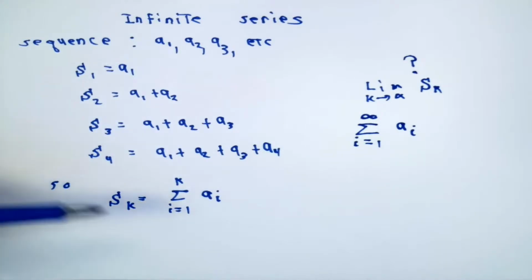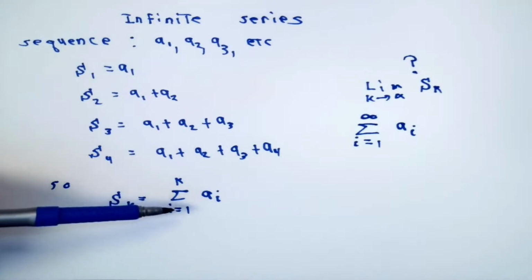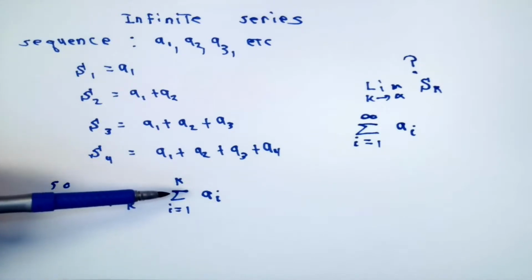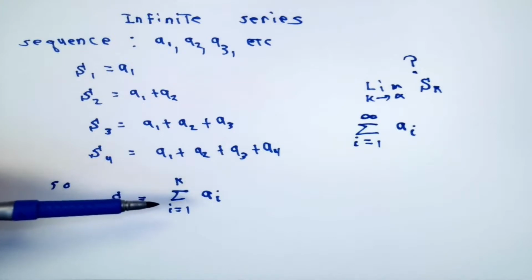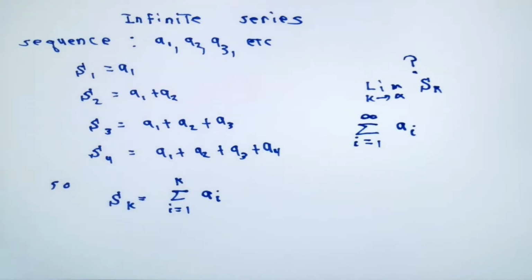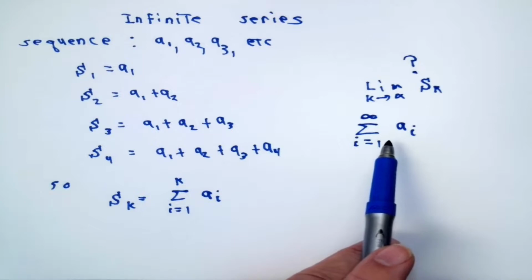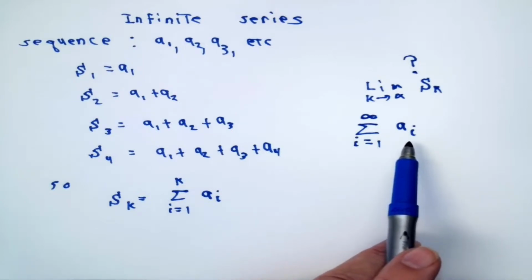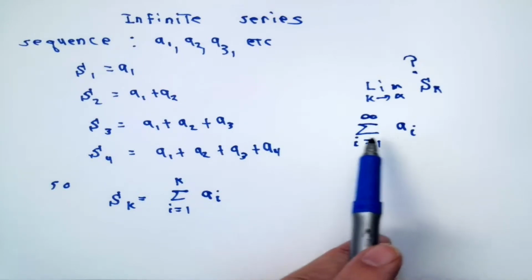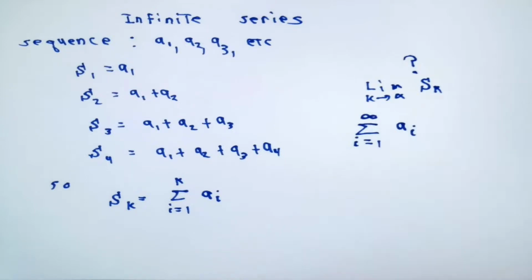It is not obtained by taking this expression and setting k equal to infinity, because that doesn't even make any sense. If this limit exists, we give it this name, and we say that the infinite series based on the A_i numbers converges. If this limit doesn't exist, we say that the infinite series doesn't converge or that it diverges.